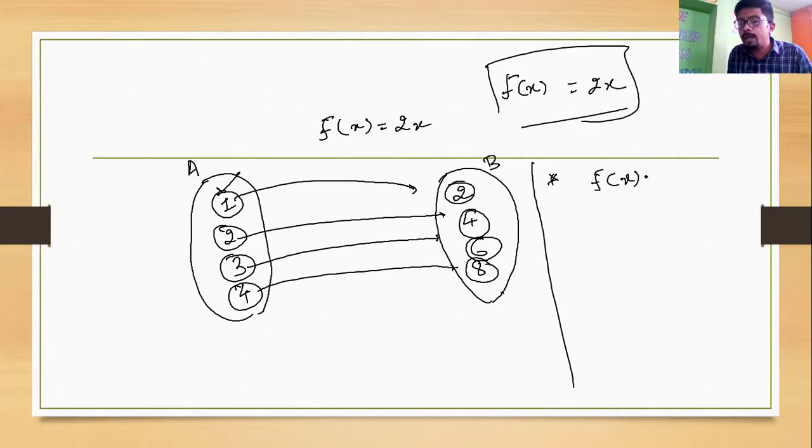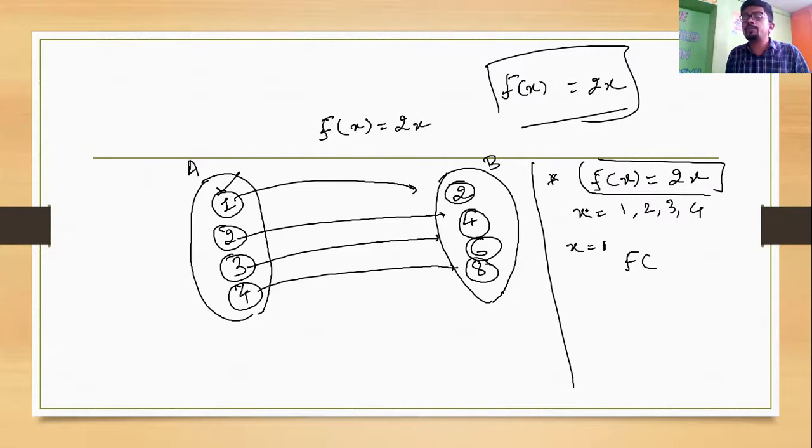If you are given f of x is equal to 2x, and x is given as 1, 2, 3, 4. When you take x equal to 1, in every place of x we'll put 1, so that will be 2 into 1, which is 2.